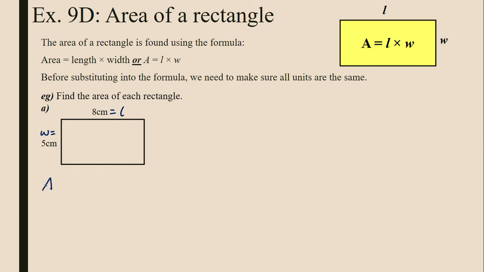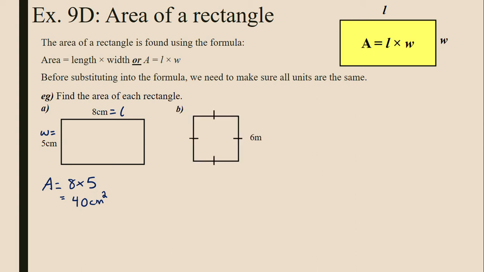So the area of this shape is going to be given by the length times the width, which is 8 times 5. I've checked that they're the same units, and they are, and I substitute. 8 times 5 is 40. My units are centimeters, and because I'm finding area, I make them centimeters squared. So I put a little power of 2 on my units. That tells us that we're dealing with area.